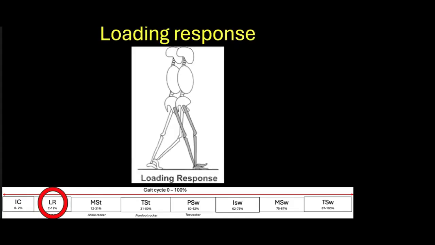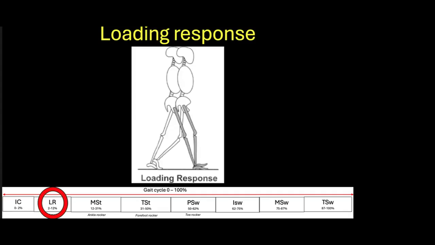And then comes the loading response. It is basically when the limb touches the ground and the body weight is getting accepted by the leg. So now we know from Newton's third law that whenever there is contact between two objects, suppose A and B, and A comes in contact with B, A is going to exert a force on B, and B is going to exert an equal and opposite force, so that every action is going to have an equal and opposite reaction.